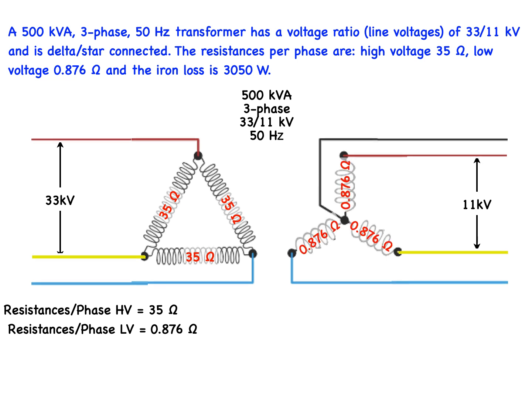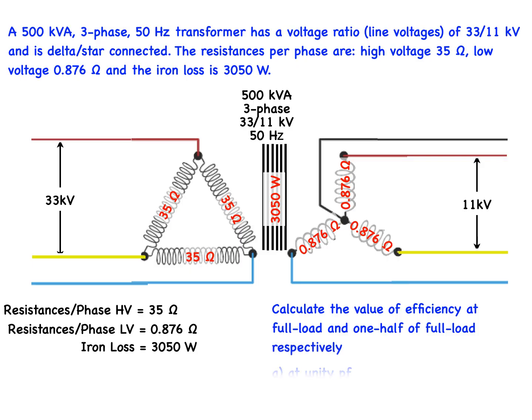The iron loss is 3050 watts. Our task is to calculate the value of efficiency at full load and 1/2 load, at unity power factor and at 0.8 power factor.